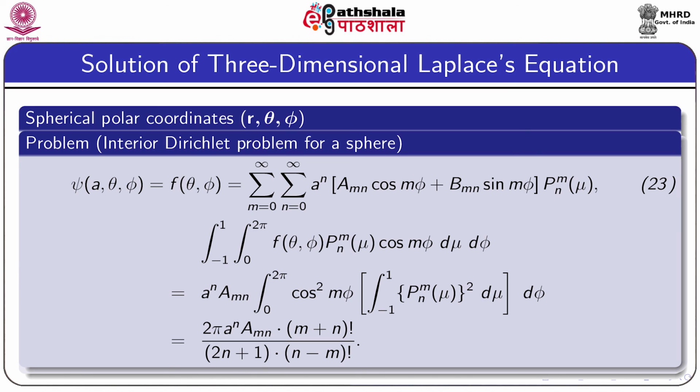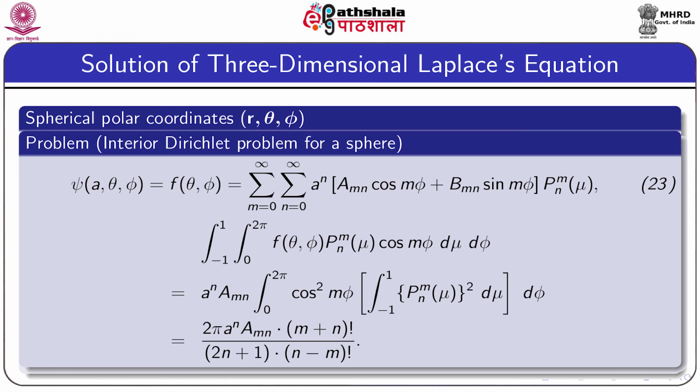Then you get, using the orthogonality property of the associated Legendre function, the value of integral minus 1 to plus 1 of P n m mu square d mu, and all other terms will be 0 due to the orthogonality property. Here also only the cos m phi term will be there, all other terms will be 0 due to the orthogonality property of Fourier modes. So, using those properties we can obtain the values of a mn. This is the expression.